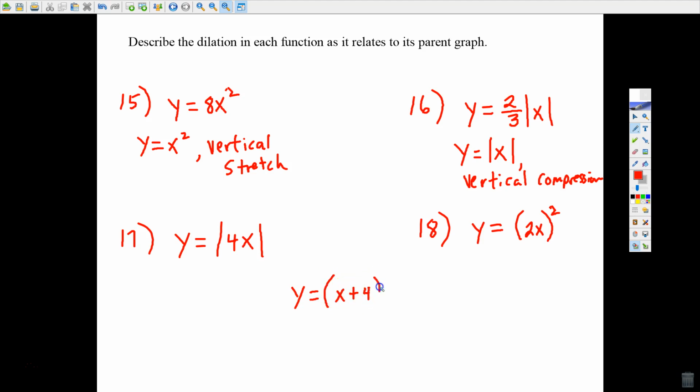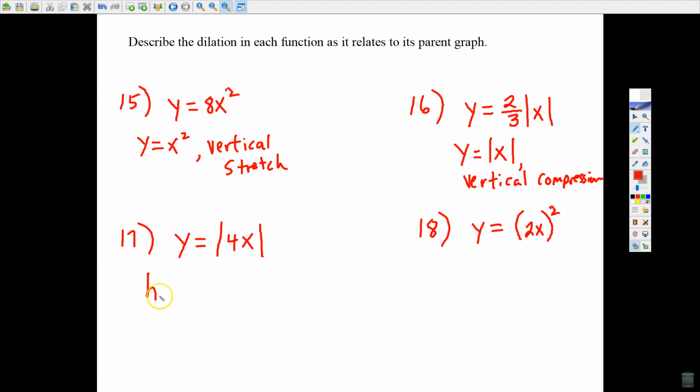Remember, if we have a number inside parentheses or inside absolute value, that always tells us how to shift horizontally. Well, that's the same idea when we move a factor inside. It's going to result in horizontal either stretch or compression.